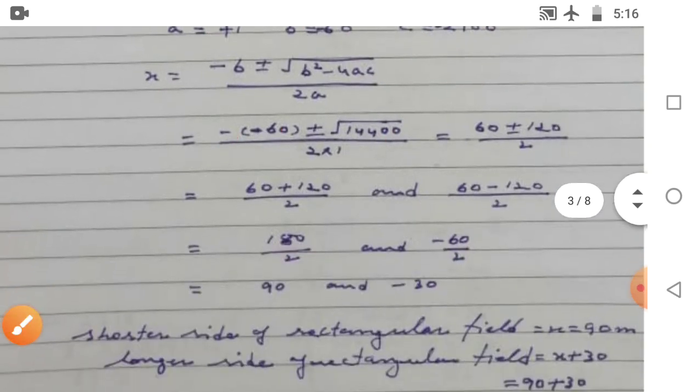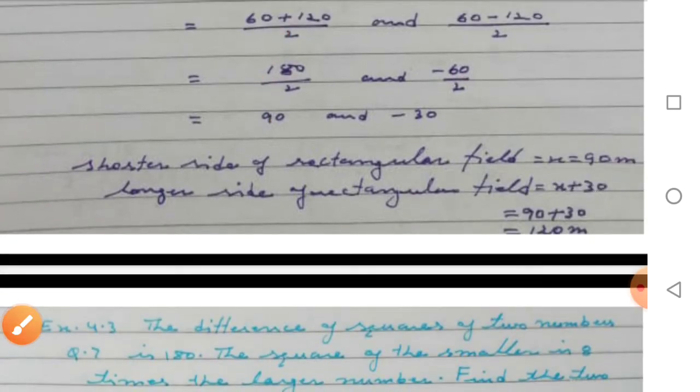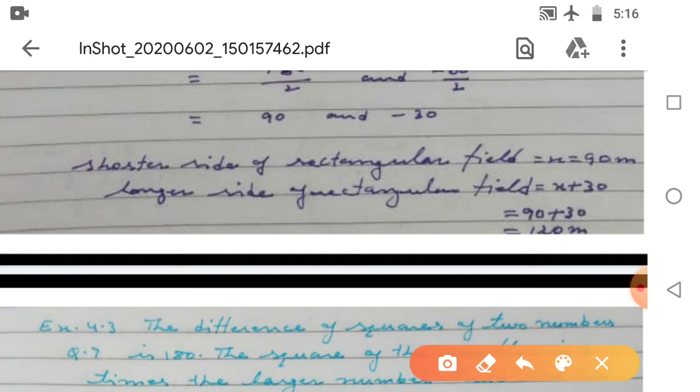And we have two values of x here, one is 60 plus 120 upon 2, that is 180 upon 2 is 90, and one is 60 minus 120 upon 2, that is minus 60 upon 2 is minus 30, clear. Now, the shorter side of the rectangle field is 90 meter, and the longer side is 30 more than the shorter. So, this is 120 meter, that is 90 plus 30, right.